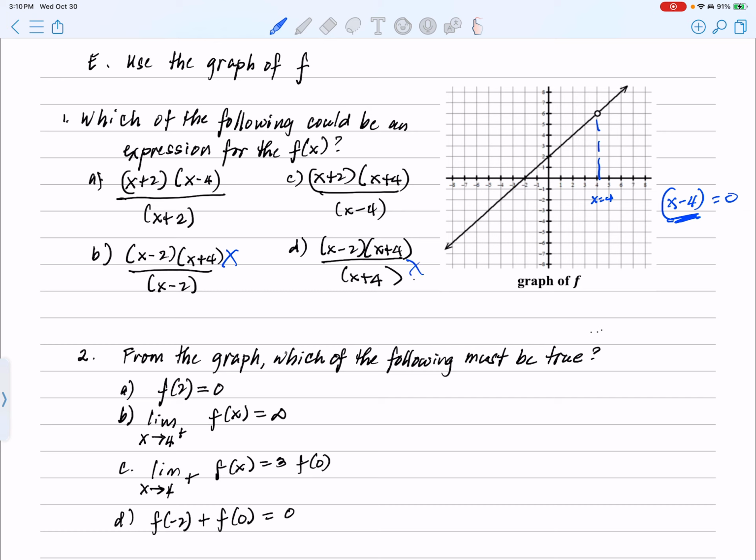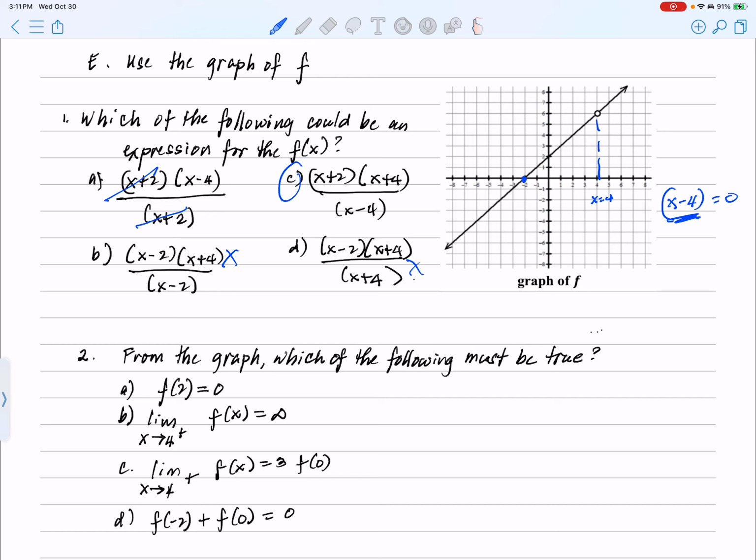So it's either the A or the C. So what do you think? Do we have zeros? Let's look for the zeros. Negative 2. Okay? So we have a zero of negative 2, but that's a hole in letter A. So in other words, we can have the answer right away in letter D.